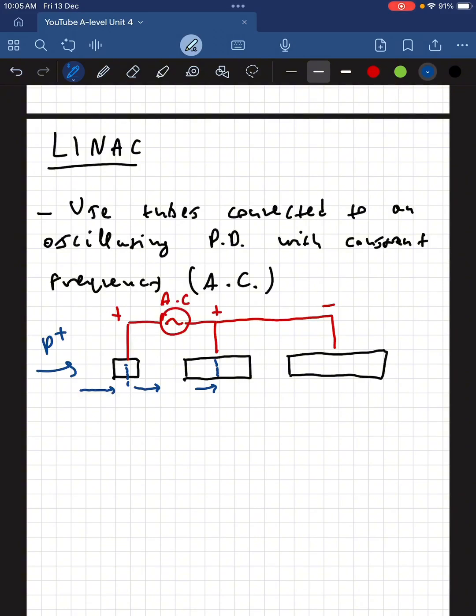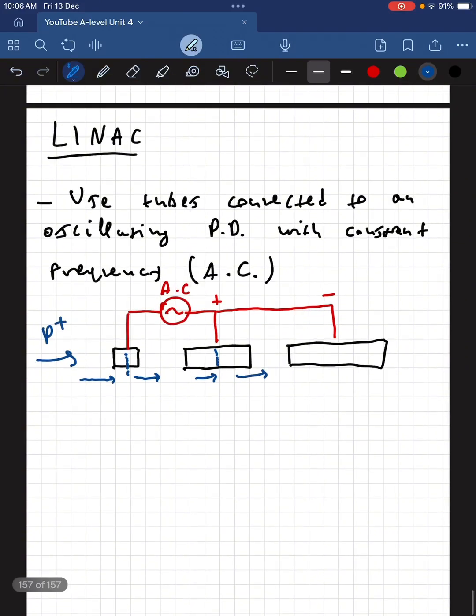The next tube is also connected to this oscillating potential. Once it makes it through the middle, the polarity changes. So the proton is pushed again towards the third tube. And because the third tube is negatively charged, it attracts the proton towards the middle.